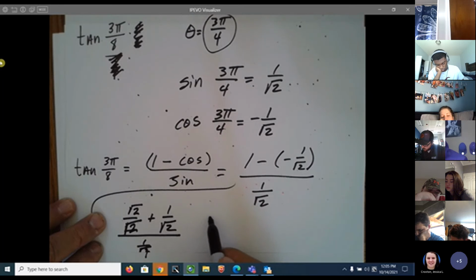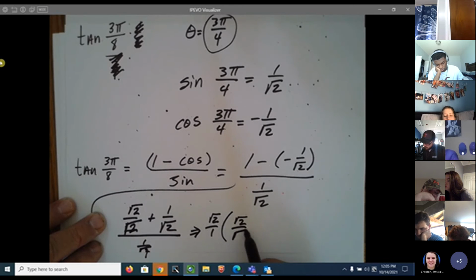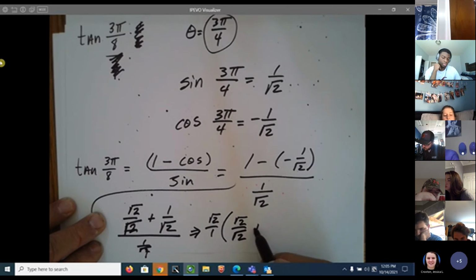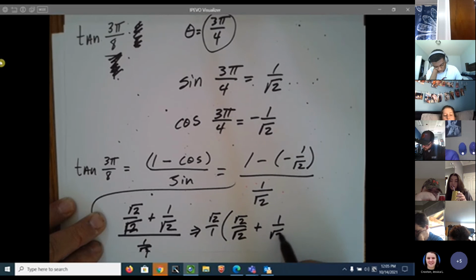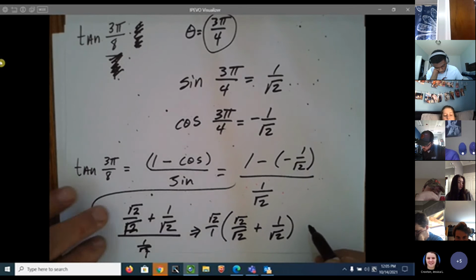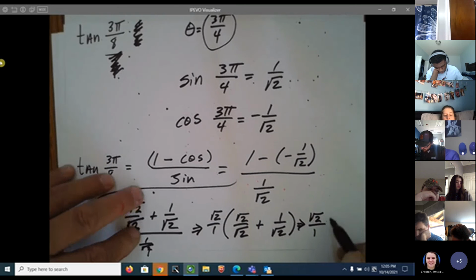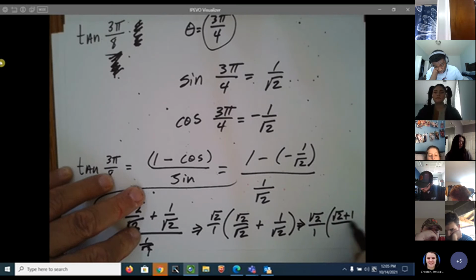And square root of 2 over 1 multiplied by square root of 2 plus 1 over the square root of 2.